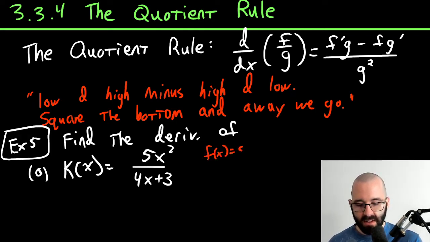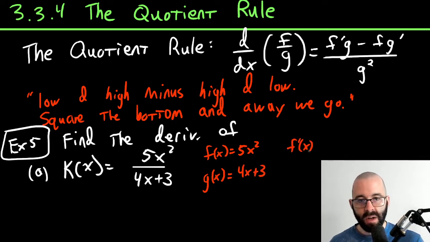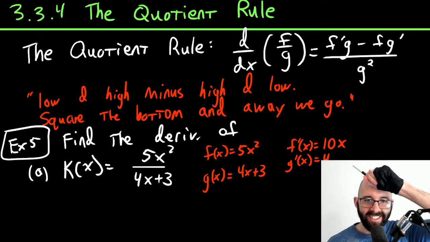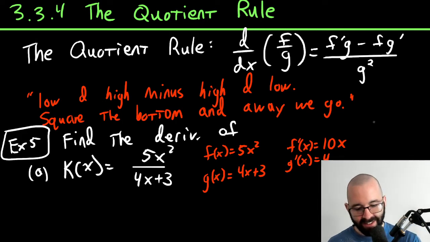So f of x is the top function, g of x is the bottom function. And then we need their derivatives as well. The derivative of the first is going to be 10x. The derivative of the bottom is just going to be 4.